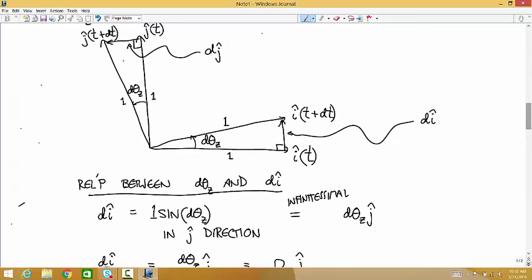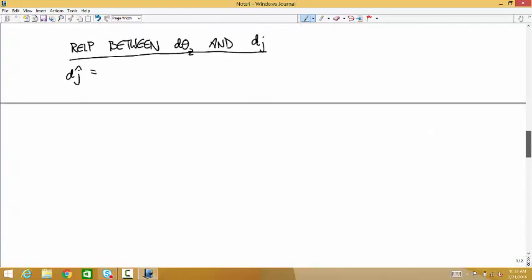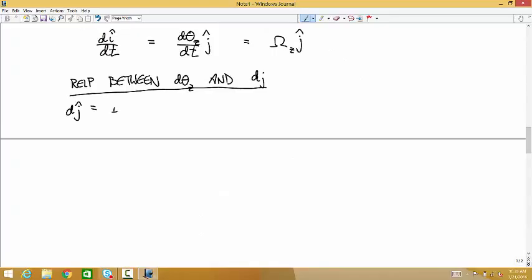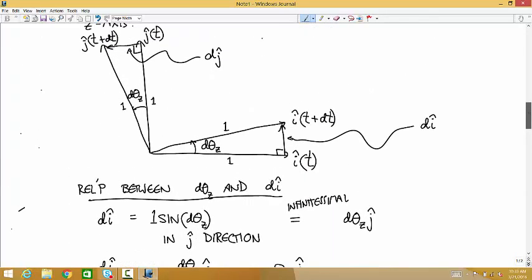The magnitude of that vector is the hypotenuse of this right triangle, 1, times the sine of d theta. It's the same procedure as before. And what's the direction of dj?